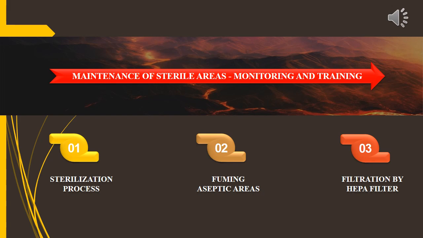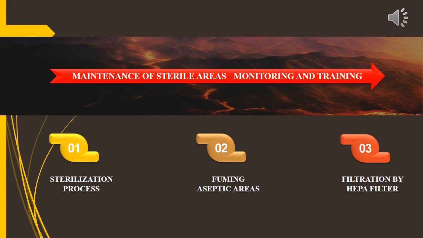To maintain other sources of sterile areas, we need to perform sterilization processes. There is dry heat, moist heat, fuming, disinfection. Different types of sterilization processes are applied for sterile areas. Then fuming of the aseptic area using formaldehyde; different aldehydes are used for the fuming process.